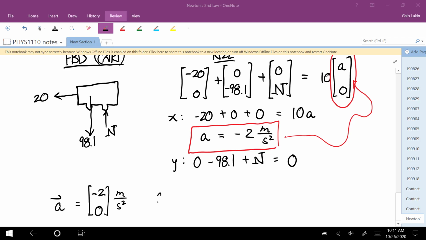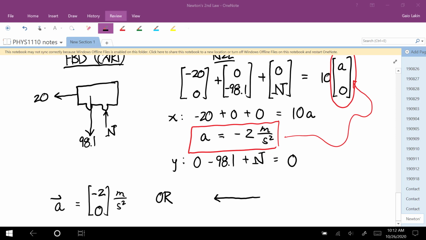Or you could also think of it as a direction and a magnitude. Well, you can look at these components and see that the direction is in the negative x, so this way. And the magnitude of that, well, what's the magnitude of negative 2?